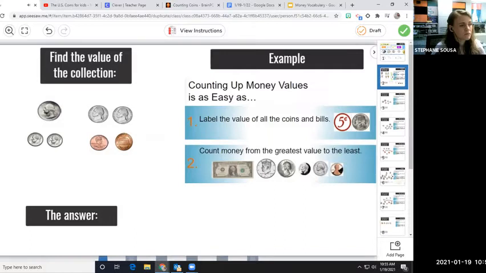Step number 1 says label the value of all the coins and bills. I see that I only have coins in this example. My first coin is a quarter. I know that that is equivalent to 25 cents. Next, I notice I have 2 dimes. I know that these are equivalent to 10 cents each.